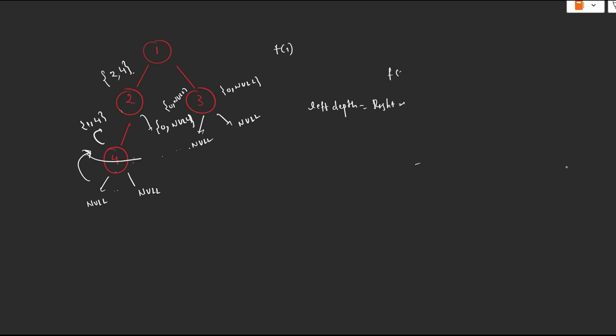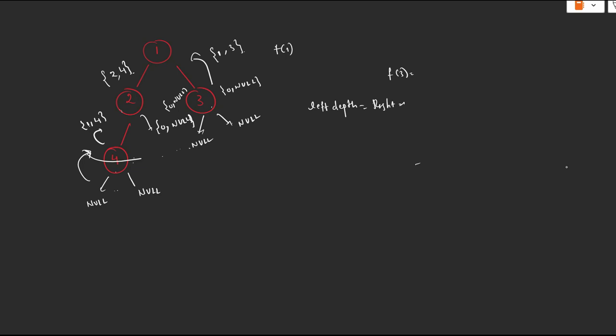The f of 3 will return the common ancestor, which is 3 only, because these two came from 3 and it is the lowest as well. So this will return a depth of 1, because 0 will be increased to 1, and the common ancestor will be 3. Okay, so these functions are completed.